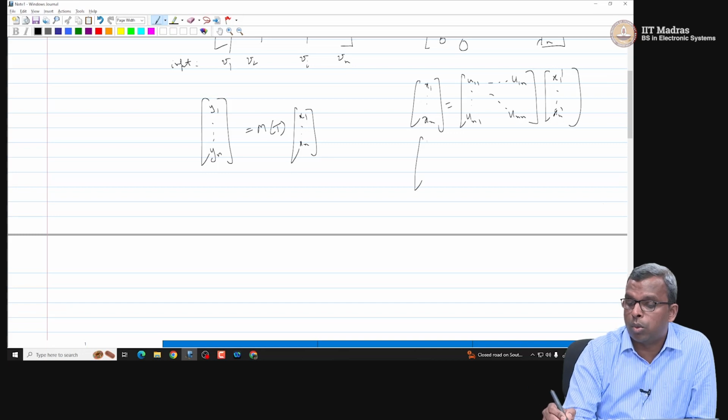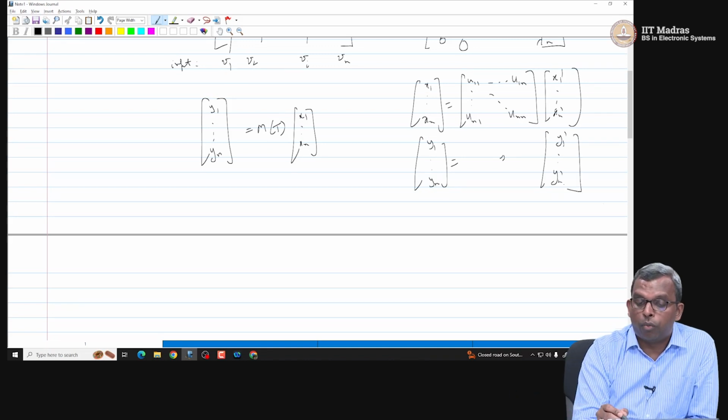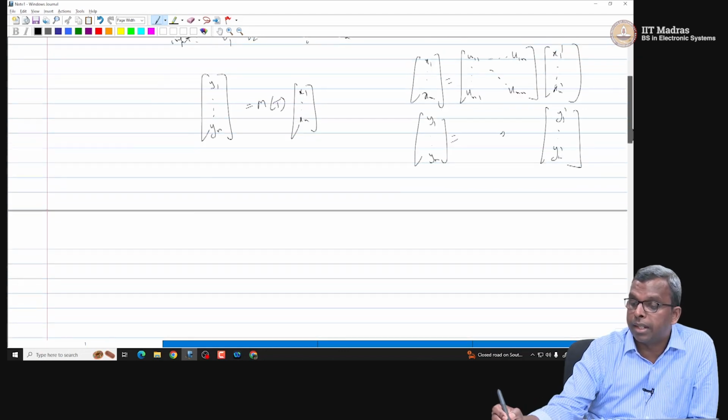Same thing is true for y1 to yn, with the same invertible matrix times y1 prime to yn prime. Now, if y and x are related through m of t like this, there should be a relationship between x prime and y prime, right? So, instead of x1 to xn, I am going to put this guy. Okay, what will I get here?